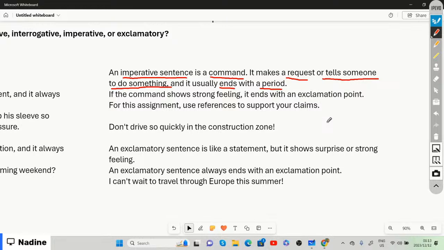But I'm sure that if it's an exclamation mark, then the person probably said it with full command in the voice. It's almost like shouting.